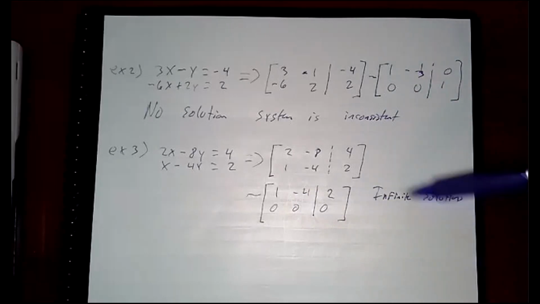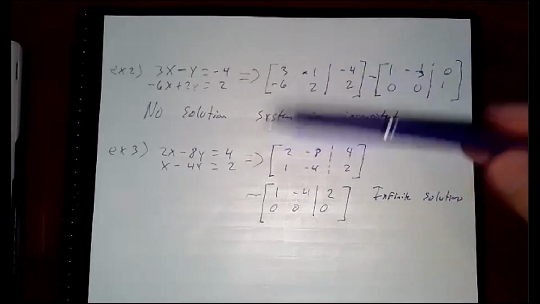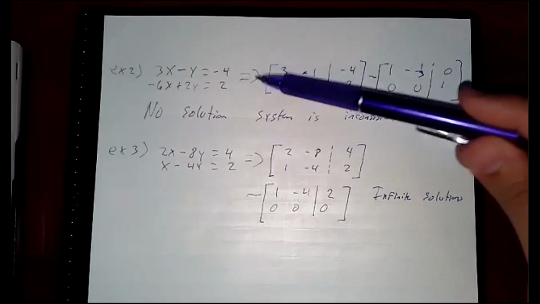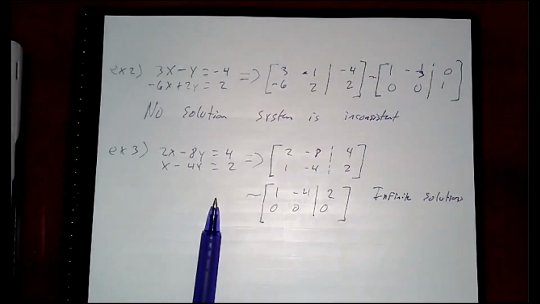If you get a row of zeros, you're going to have an infinite number of solutions. We graphed the last one and saw they were parallel. So now let's graph this one and see what it looks like visually. That is 2x minus 8y equals 4, and x minus 4y equals 2.